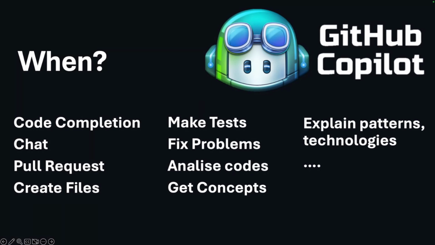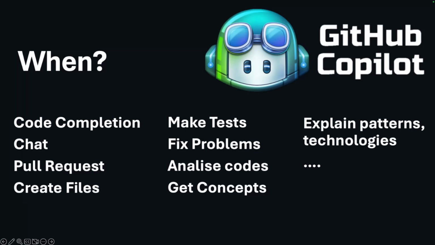We can use it as a chat, the same as you can in ChatGPT or using Edge, the Microsoft Copilot, and others. I can use it for my pull requests, but for this one, you should use the enterprise version. You can create files inside your folder, like, create a test for me to do this and that, and create it in another file for me.